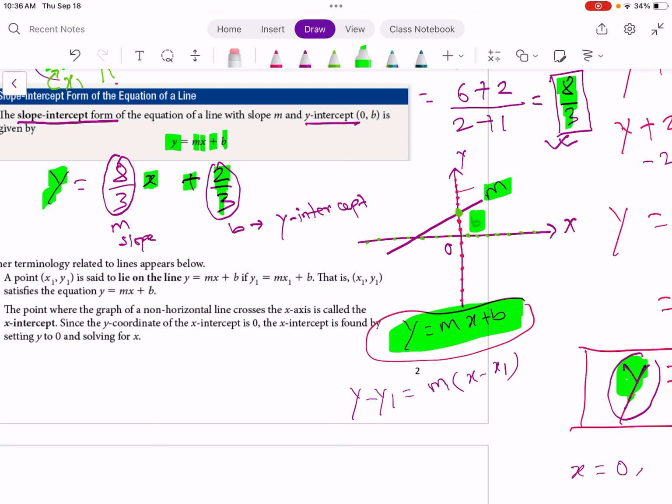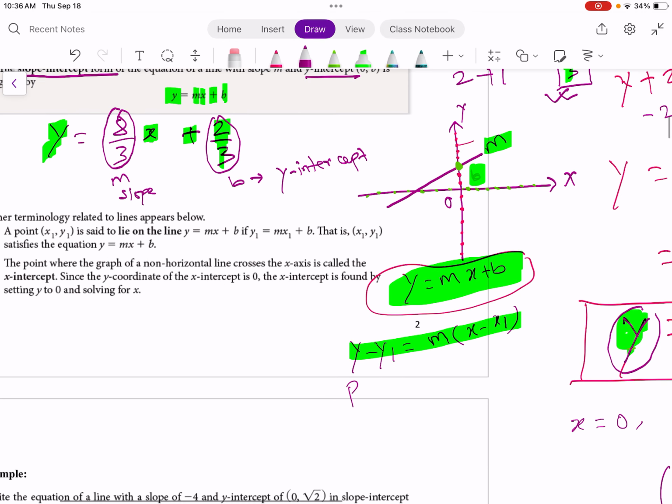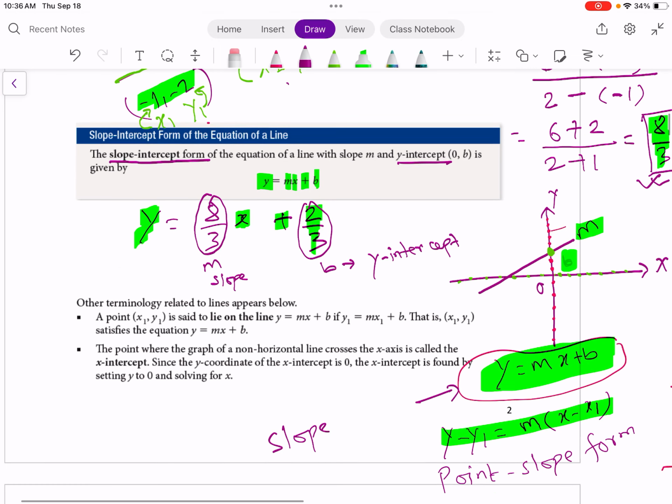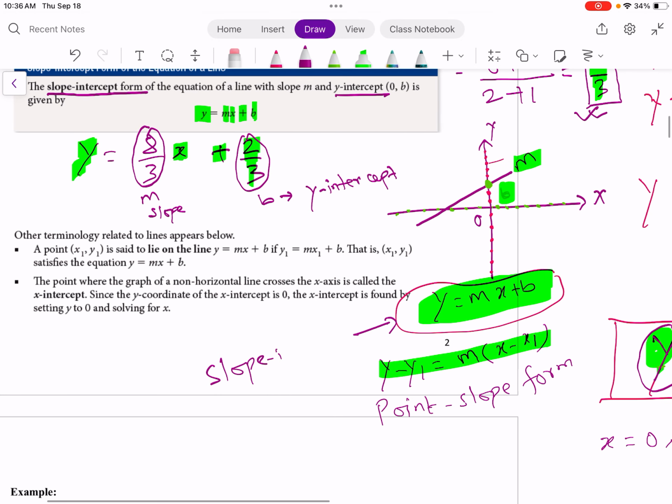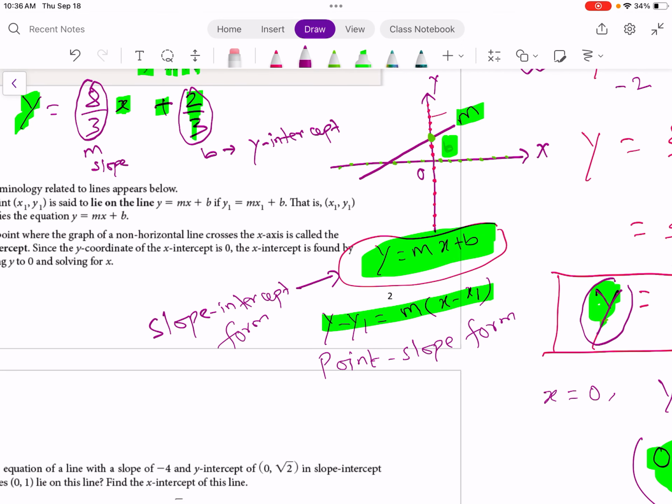This is point slope form, where we have a point and a slope. And this is slope intercept form. Both of these give us the equation of a line.